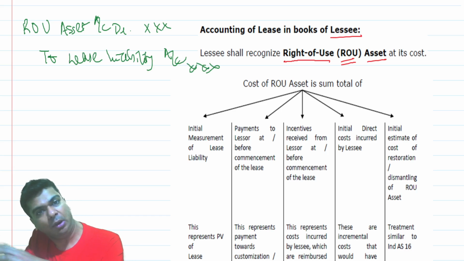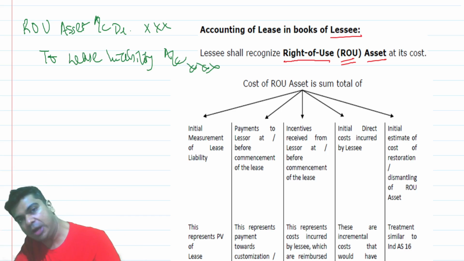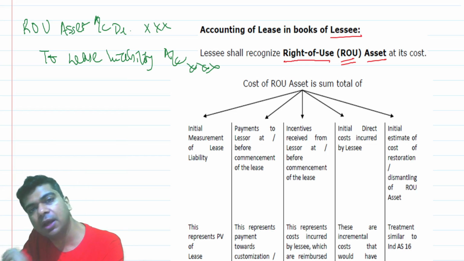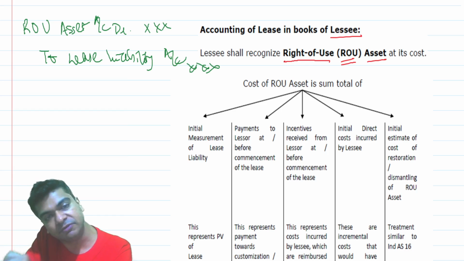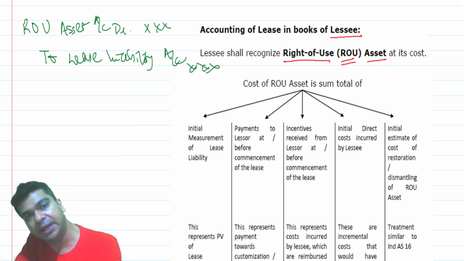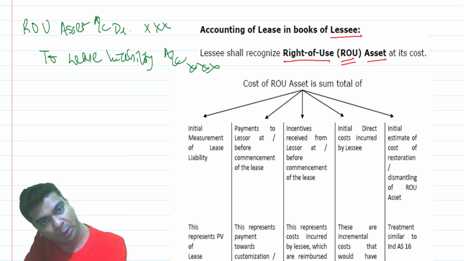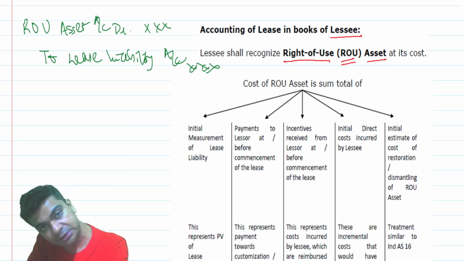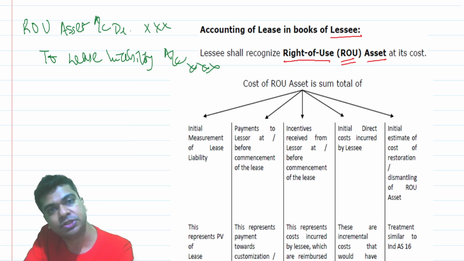There can also be some cash transaction. Maybe you are receiving some cash or you are paying some cash. So that can also be there in this accounting entry. But the main parameters of the accounting entry will be the ROU asset, which is going to be debited, and the lease liability, which is going to be created. Since ROU asset is going to be incorporated, whenever an asset is incorporated in the books, remember it is always incorporated at its cost.